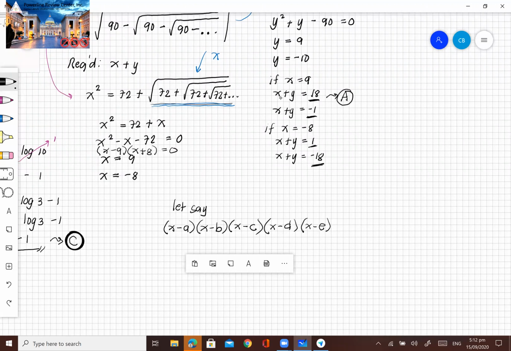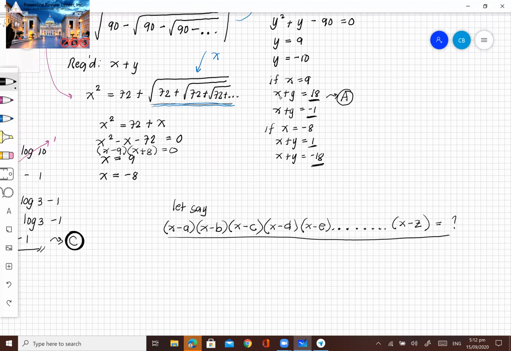Now, if I'm going to continue the sequence up to x minus z, what is the answer? Paki-comment nga. What would be the possible value for this simple multiplication of binomials? Sige nga kapatid, kindly comment.